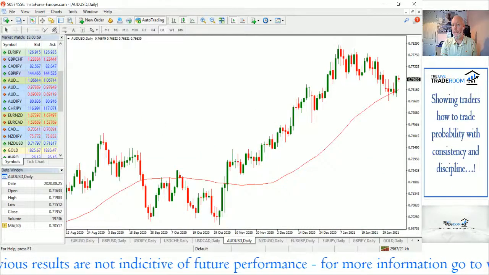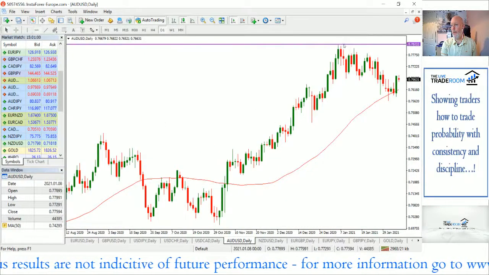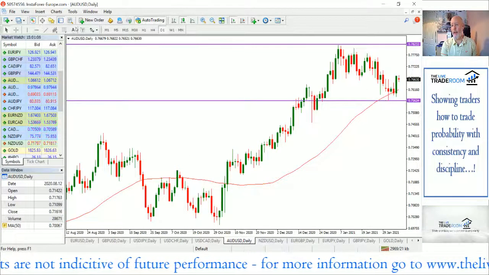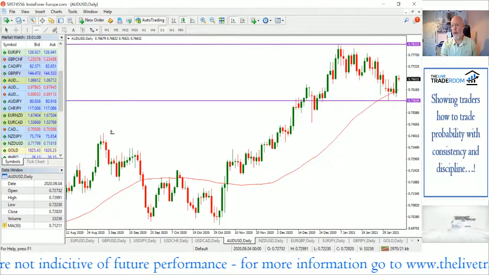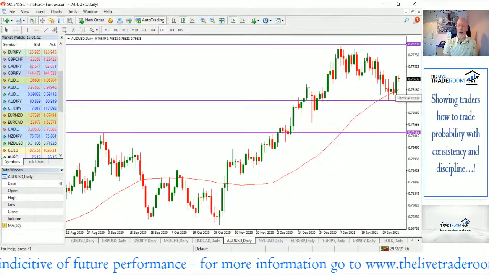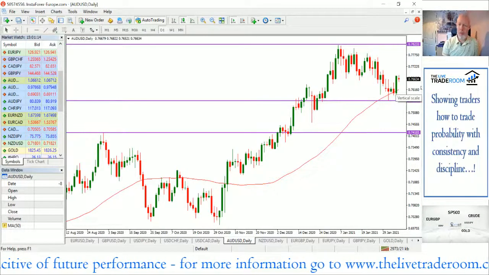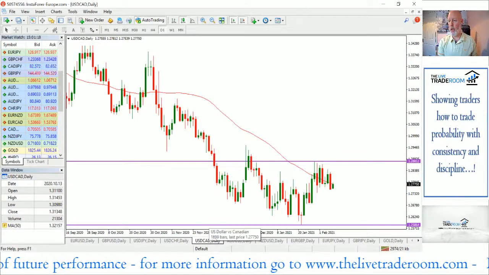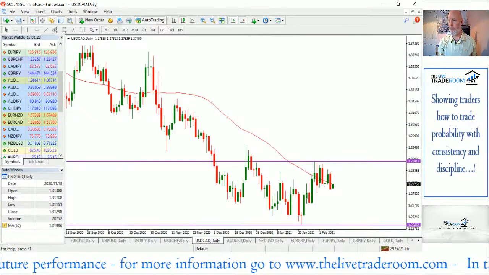The Aussie dollar, just do a little bit of technical analysis, we'll take significant highs, significant lows. If you were wondering, the red line on the screen is a 50-day moving average. It's just a simple moving average. It is an important level for these markets.